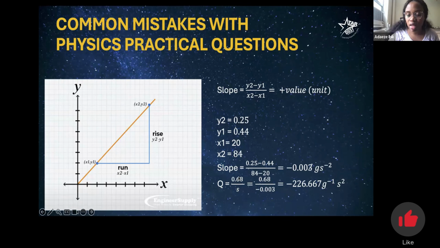So this is going to be 1 over slope, so 1 over the unit of slope. And if the slope is giving you this, what that means is that I just inverted the unit. So this unit up here should be the unit for the Q, and this one should be the unit for the slope. Okay? All right.